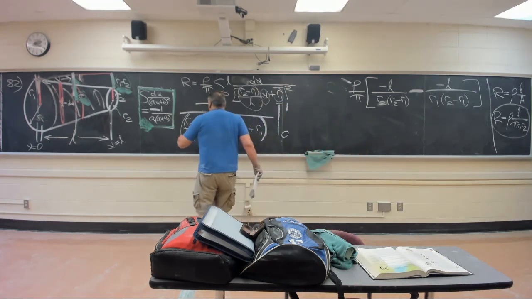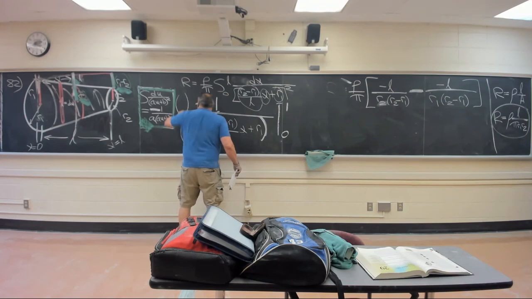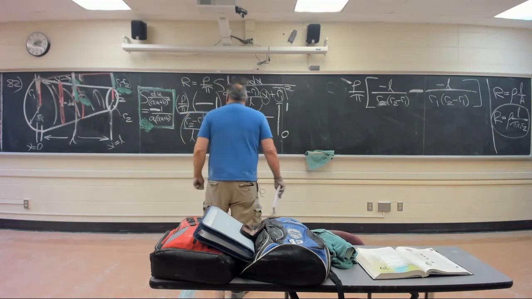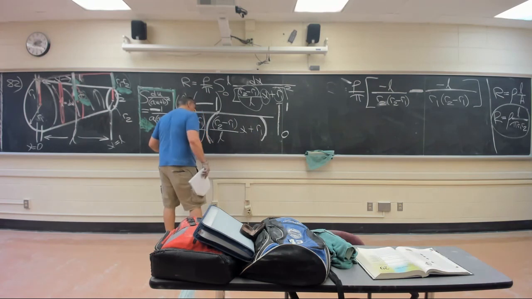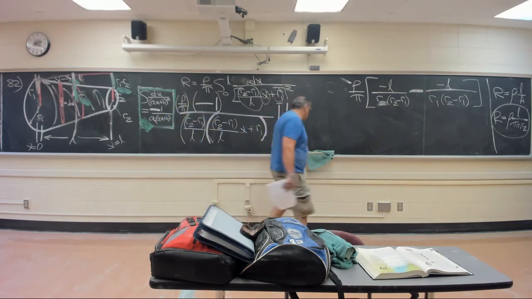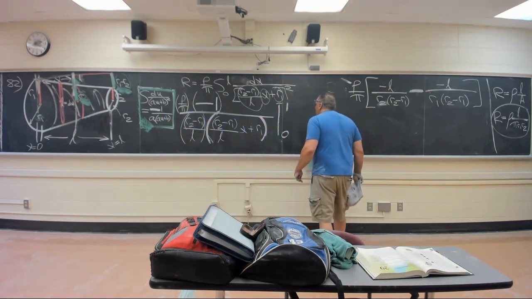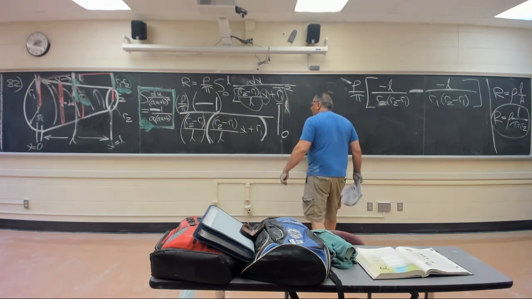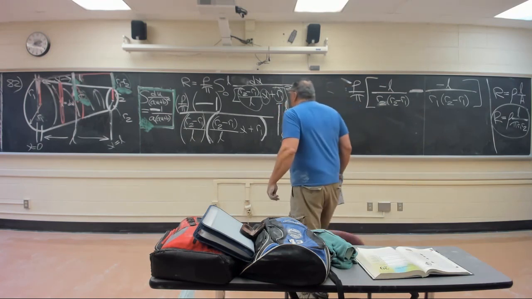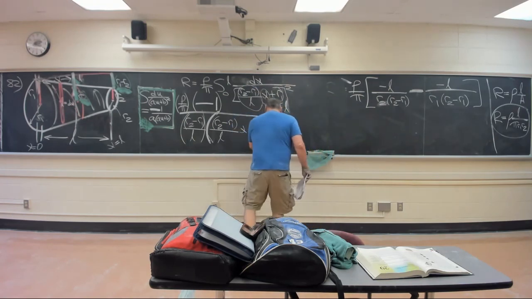It's going to be rho, and remember now, it's going to be also rho over pi times negative 1 times that. So what do you get? Do the evaluation.